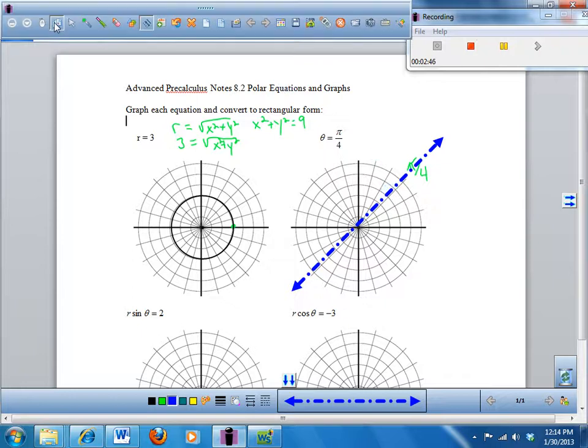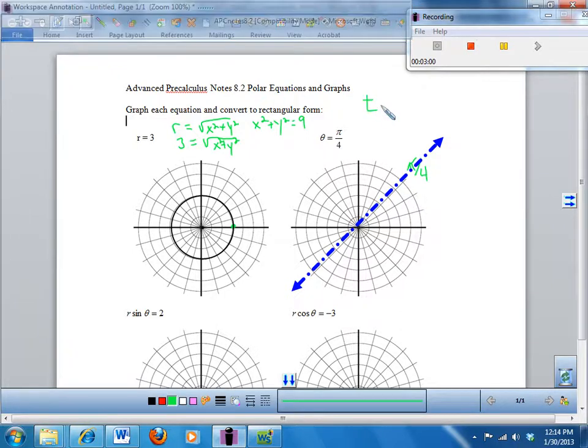But in any case, how do I change that into a rectangular equation? Some of you may already know that the equation is y equals x, but I'm going to show you how we get that. So if you remember the tangent, what we learned yesterday, the tangent of theta equals y over x. Okay?